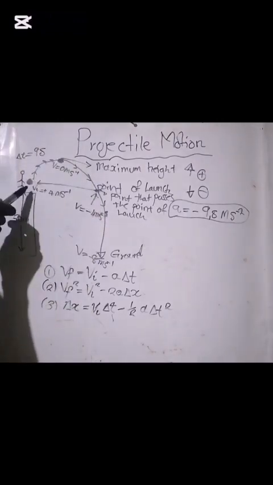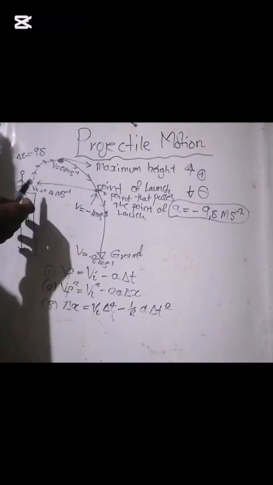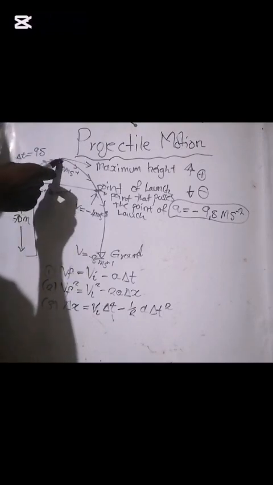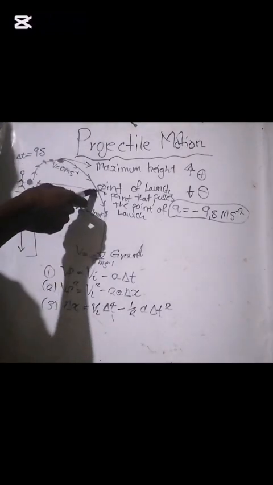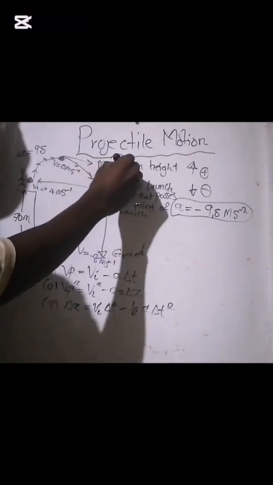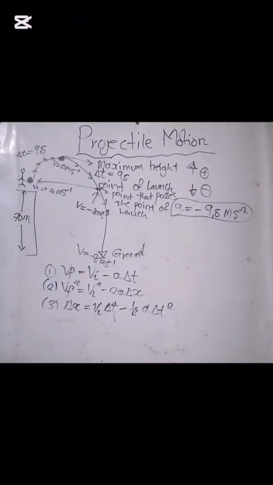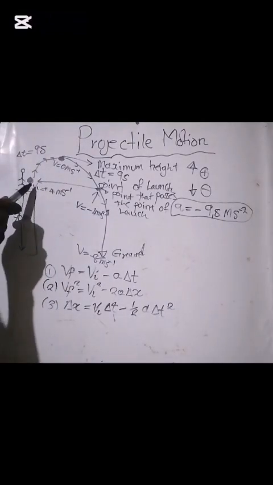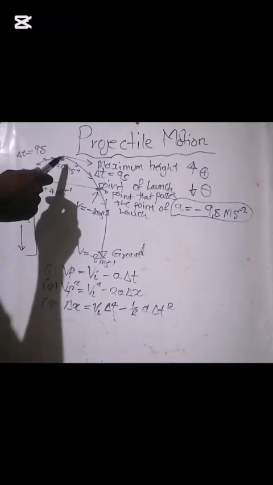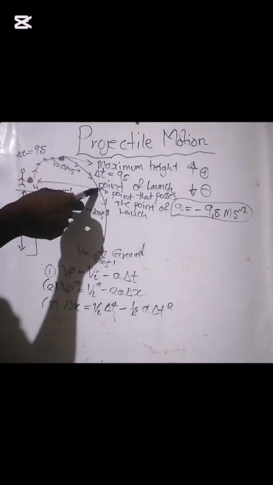It took 9 seconds, which means for it to move from the maximum height and reach the point that passes the point of launch, it will take another 9 seconds. Keep it in mind that the time for the ball to move from initial to maximum height is equivalent to the time from maximum height to the point that passes the point of launch.